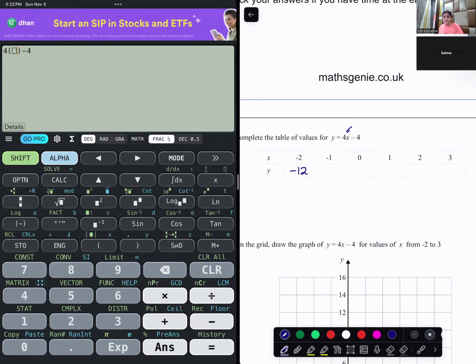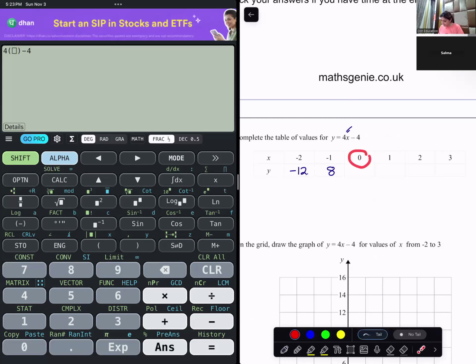Now when x is minus 1, I will put minus 1 and I will get the value of y. Again, how do you put it? 4, and in place of x, I will put the bracket, minus 4. Now I have to feed in the value of x to get y.